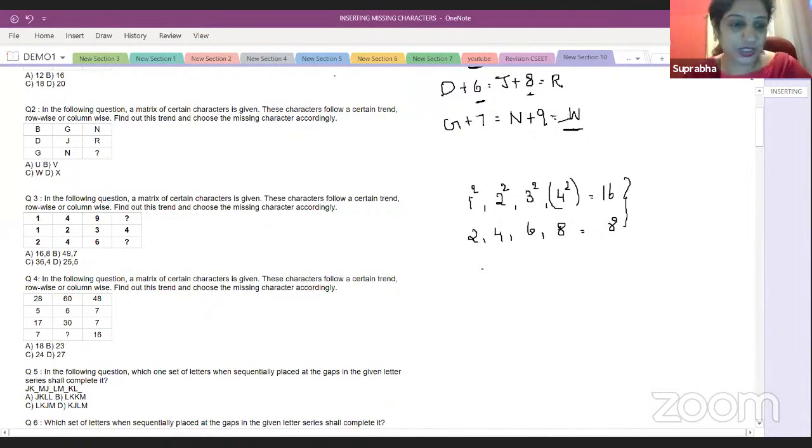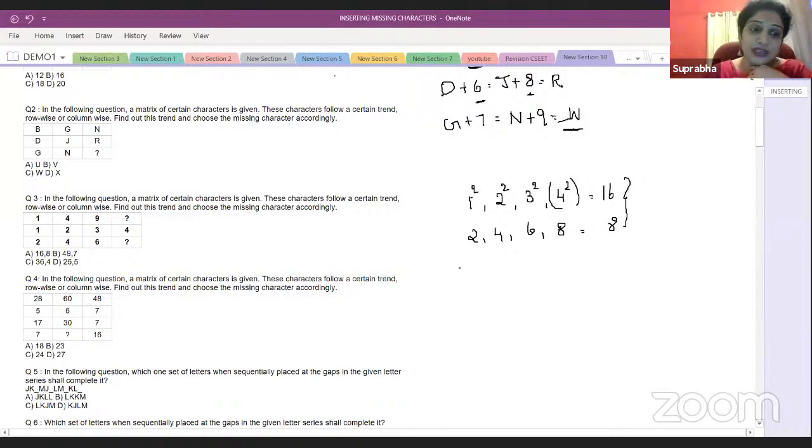Nishant, no. Shraddha, no. Hitesh, no. See, there is some calculation. Obviously, there are 4 rows, 3 columns, but if I check it out, 28, 60, 48, and similarly 5, 6, 7, again the numbers are increasing. After that, again it is decreasing.